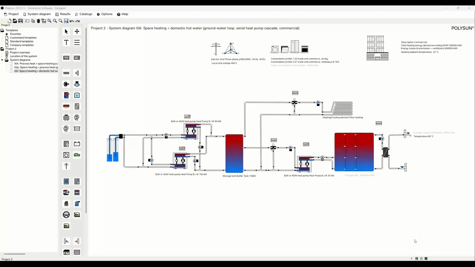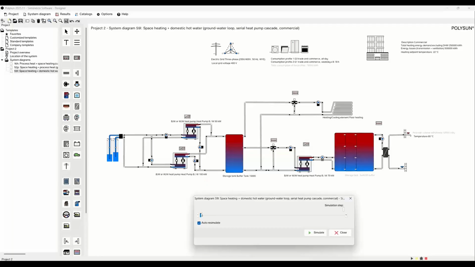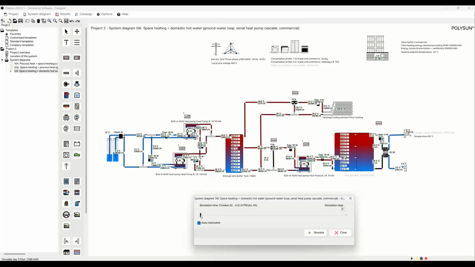And also let us have a look at the simulation analysis to see exactly what Polysun is doing. We will be able again to simulate one year. So the simulation is running now and we can have a look into any time step here. And now you can see that just this heat pump here is running.